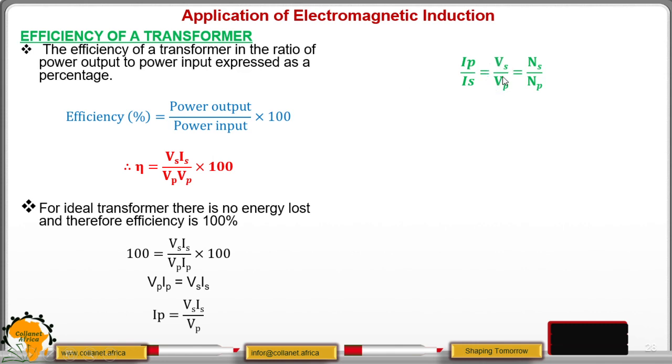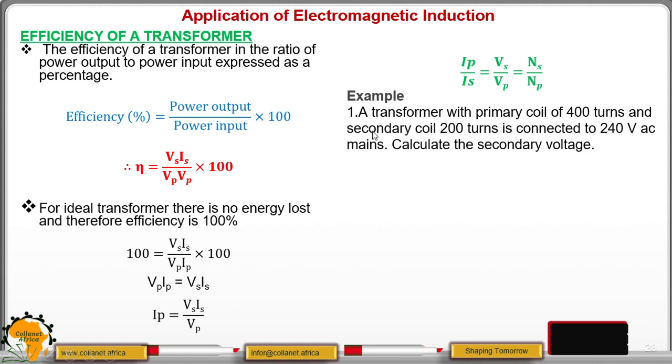And Vs divided by Vp is what we call the turns ratio, which is the same as Ns divided by Np. So you can get the current if you have the number of turns, or you can get the voltage if you have the current. This is a useful formula in a transformer.